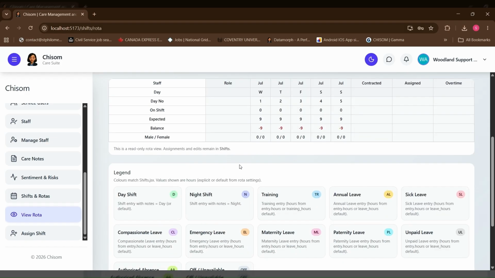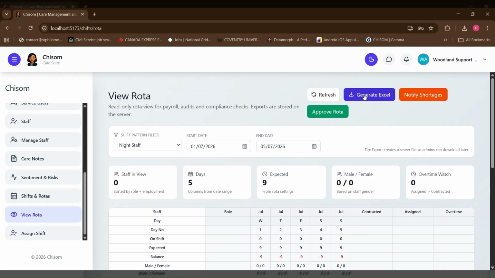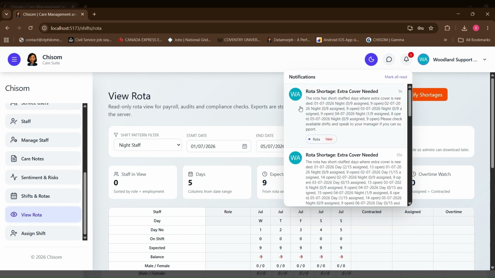So these are the days I'm sending notifications for night staff. Then I can notify shortage. So staff notified of 5 rota shortages. Right? So now if you look at this, you'll be able to see each.